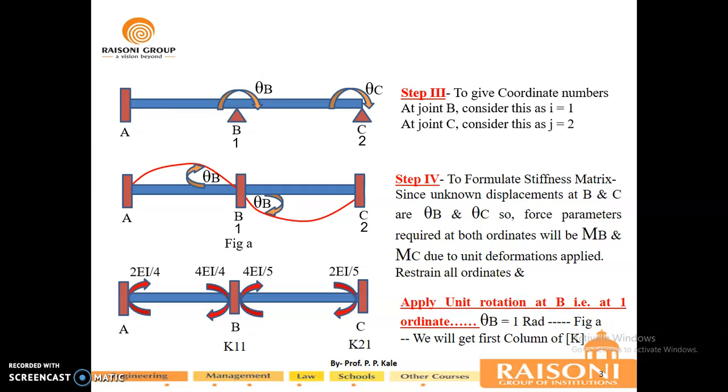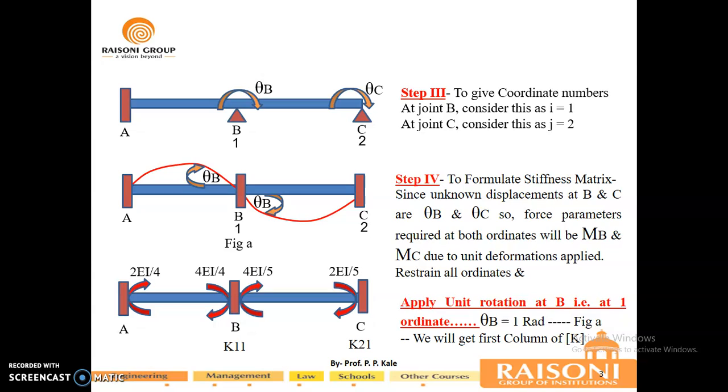That will be your k21. Now look at this. At k11, that is the force parameter at 1, we are watching two moments here. One moment is generated for the BA span and one moment is generated for the BC span.